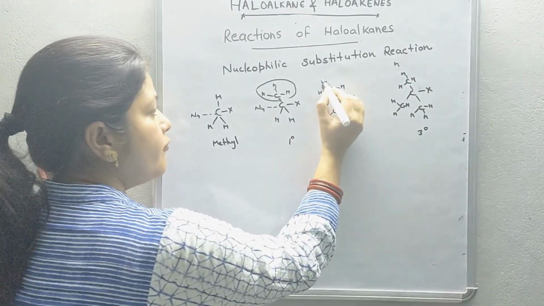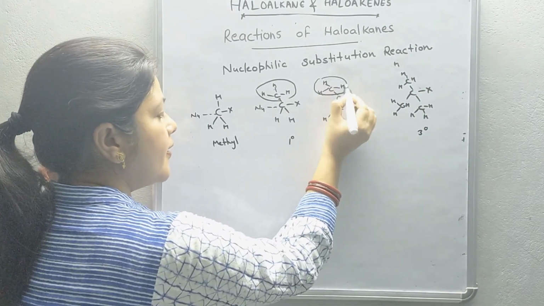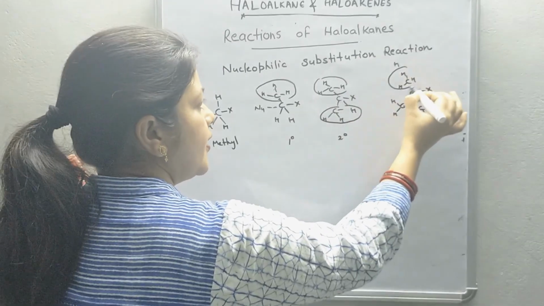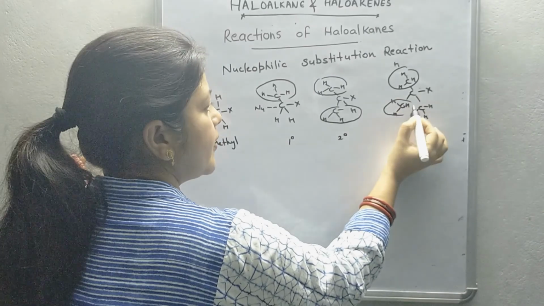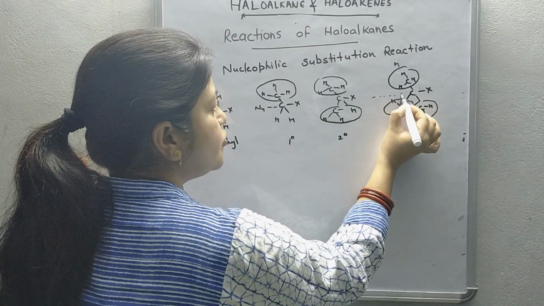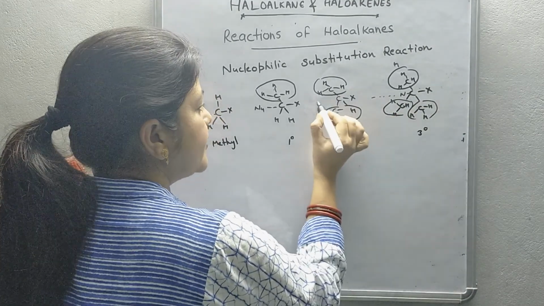In the case of secondary and tertiary, it is more crowded. So it is very difficult for the nucleophile to approach and attach to carbon.